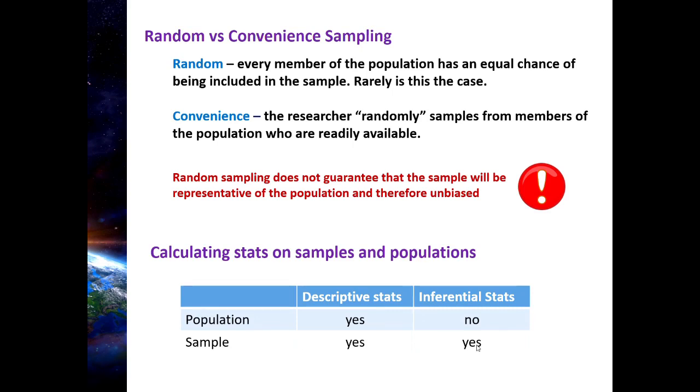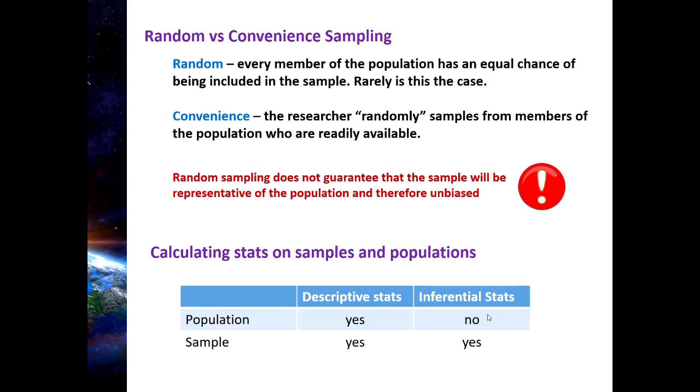Remember that? So can you calculate inferential statistics on the population? Okay, the answer is no. Think about why as I take a sip of water. Okay, so why can't we calculate inferential statistics on a population?